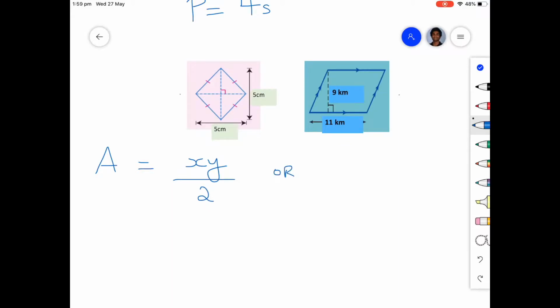However, if we're given a parallelogram with a base and a height, we use the parallelogram formula, which is base times height. So the formula we use for a rhombus is based entirely on which values we are given. Are we given an xy, then we use the kite formula, or are we given a base and height, in which case we use the parallelogram formula.